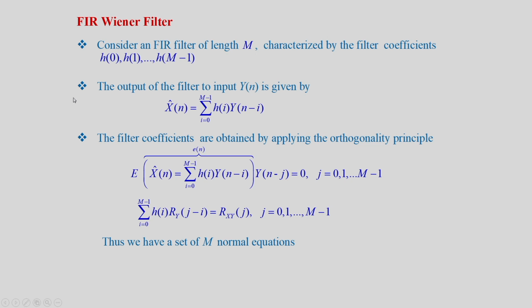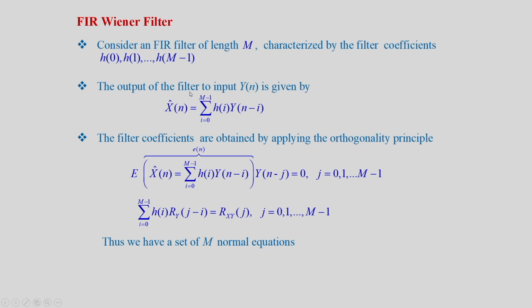Now, we will discuss the FIR Wiener filter. Consider an FIR filter of length m characterized by the filter coefficients h0, h1 up to h m minus 1. There are m coefficients. So, that is an FIR filter of length m.